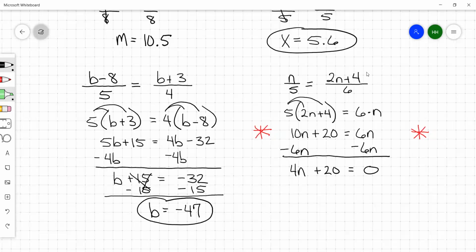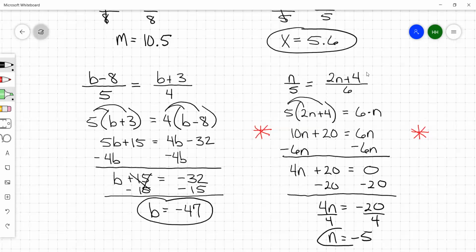So now if you subtract 20 from each side, by just sticking to your rules, you get 4n equals negative 20, and you divide by 4, and n equals negative 5. Okay? So that's a huge teaching moment if you've gotten those wrong in the past.